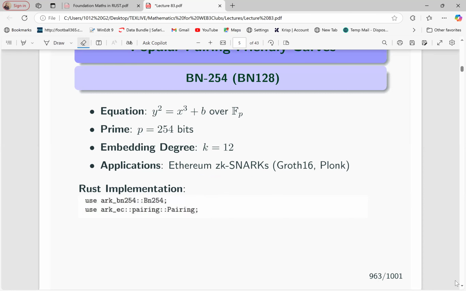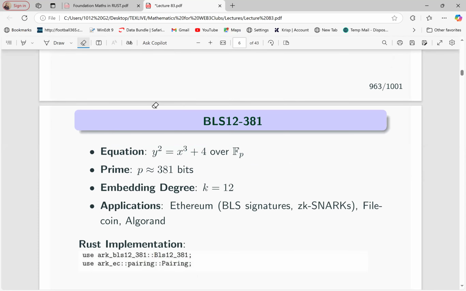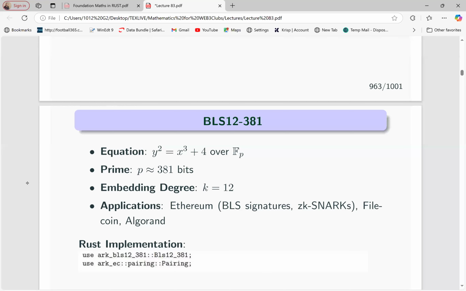The other commonly used elliptic curve is BLS12-381. It's of this form. This also lacks the AX, but the difference from the above is that the characteristic there was 254 bits, while for this one the characteristic is approximately 381 bits, more than 254.